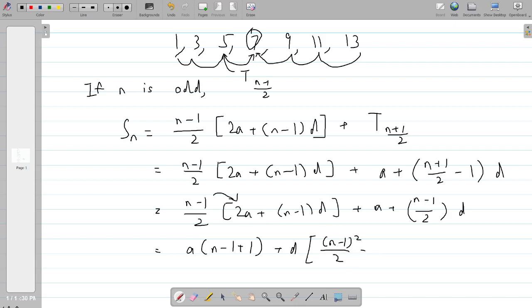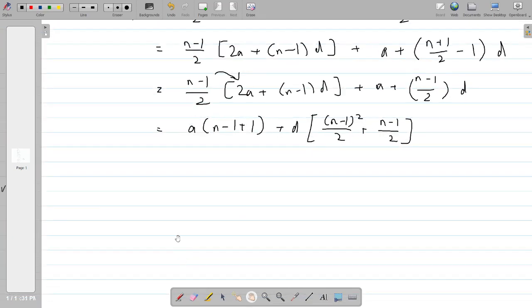But then we're going to add this term, which is an (n minus 1) over 2 term. So this is the coefficient of a and the coefficient of d. Now this goes to a, and then this becomes n squared. This is going to be minus 2n plus n, which is minus n, then plus 1 minus 1. So we have (n squared minus n) over 2 times d.